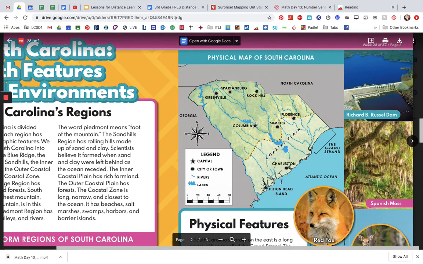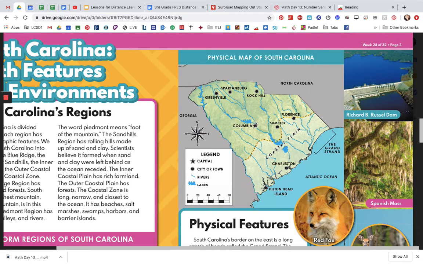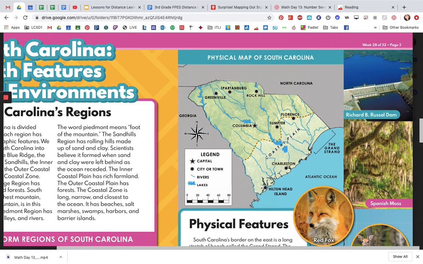First, I can see there's a map of South Carolina. I'm looking at the legend. It tells me about the state capital. It tells me about some important cities, or towns. It tells me about some rivers and some lakes.